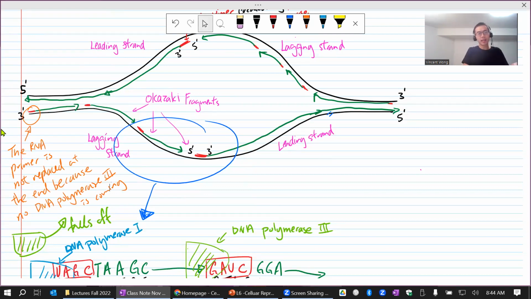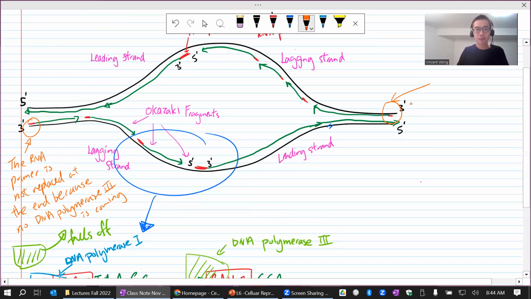This is the end of the line. I don't have another polymerase 3 coming from upstream. Same story over here. Not replaced.